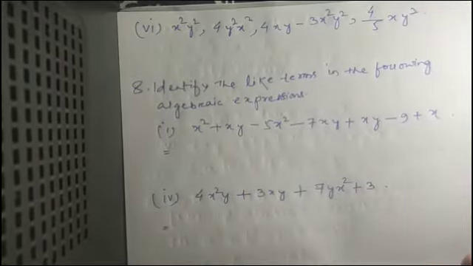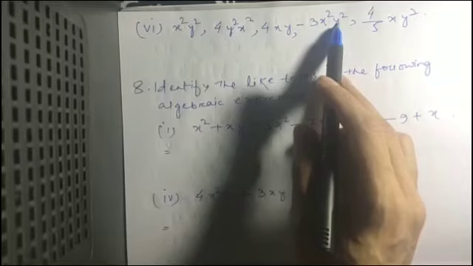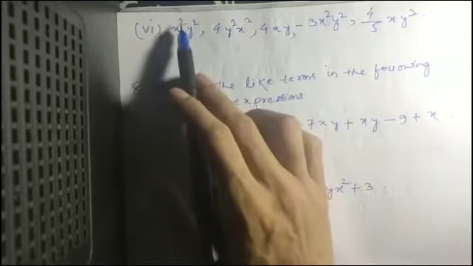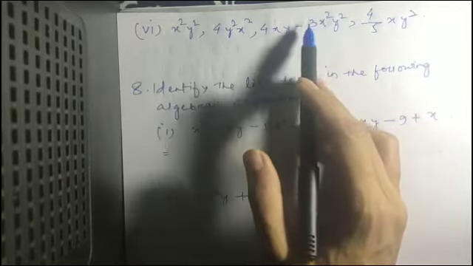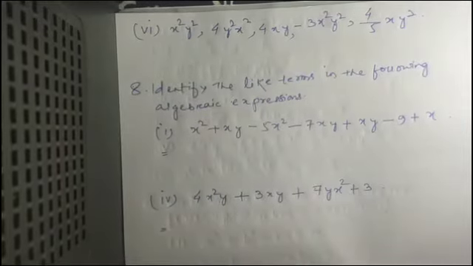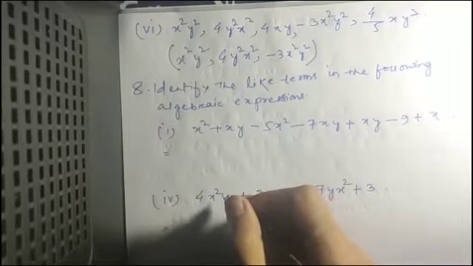Yes, one more is there. See x square y square, right? So these are all from the same family. So x square y square comma 4y square x square comma minus 3 x square y square. These three are like terms.